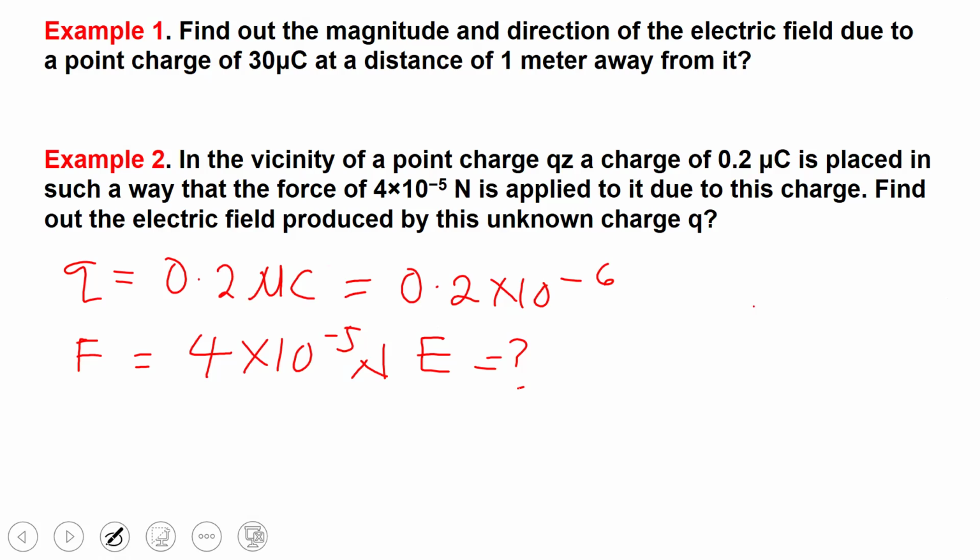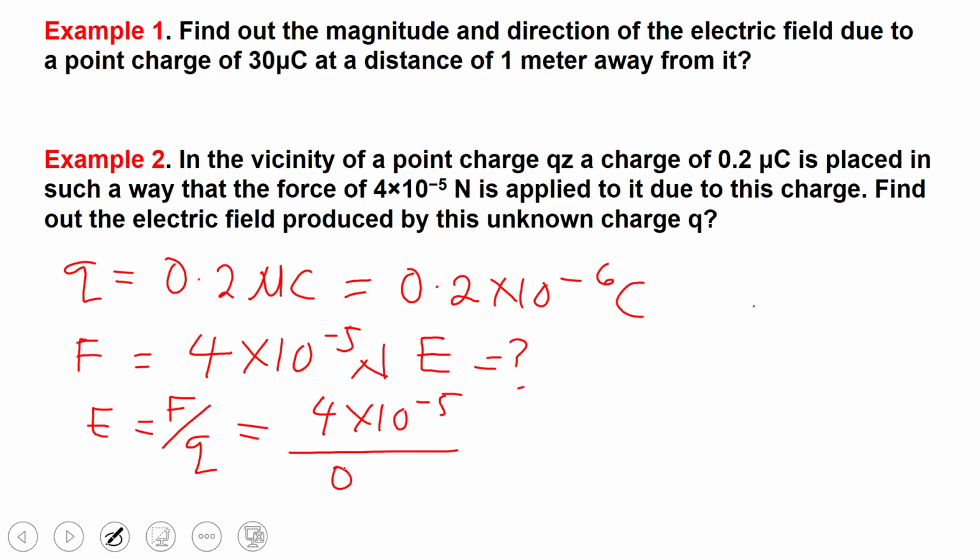So from here, I think, ladies and gentlemen, this is very simple. Electric field intensity is equal to force all over Q. And we are given the force here as 4 times 10 raised to the power of minus 5 divided by the charge, which is 0.2 times 10 raised to the power of minus 6.